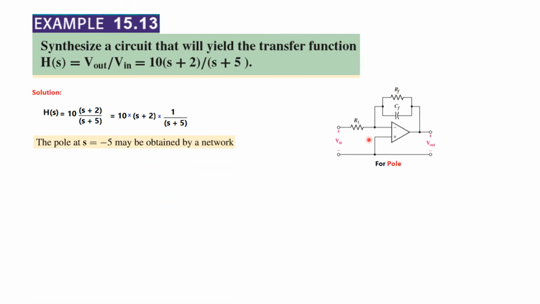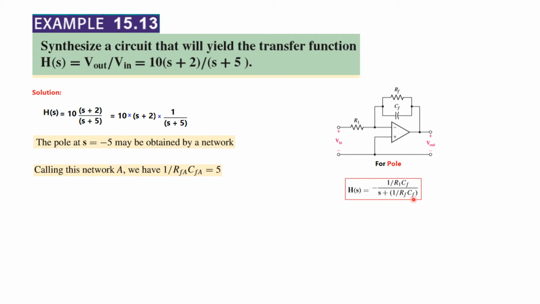So this was the circuit we found to be used for the pole. The pole will occur at s plus 5 equals 0, that means at s equals minus 5. And this was the transfer function for the pole that we got in the previous slide. Now we compare these two. Comparing the denominator, this term is equal to 5 from here. So we can write that 1 over RFA CFA is equal to 5.